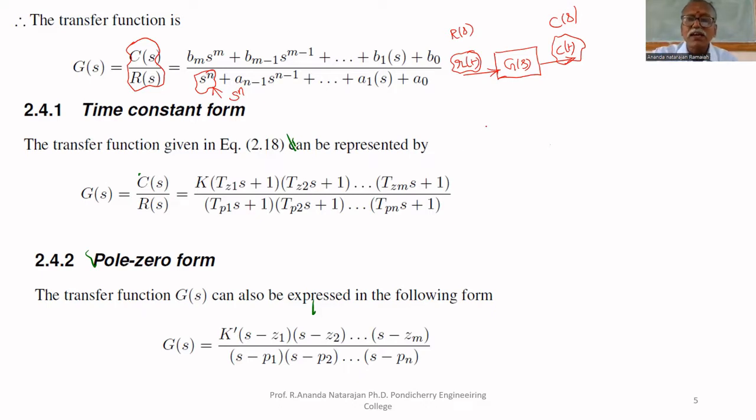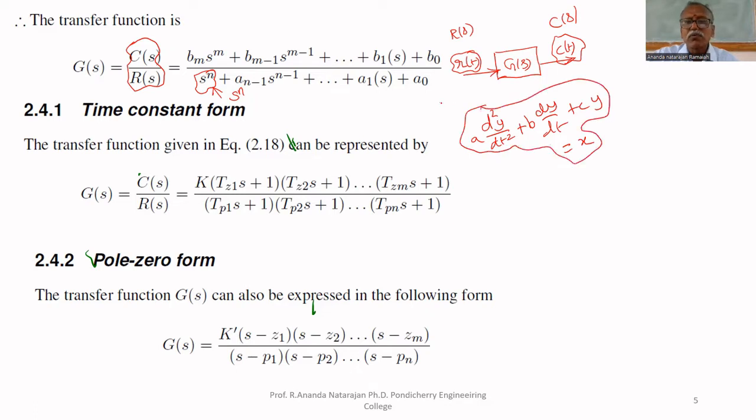Suppose I'm having a second order system, means its mathematical model will have second order differential equation d square y by dt square plus b dy by dt plus c y equal to x. Suppose if you find a transfer function for this, that is output y of s upon x of s, you find its degree will be 2.